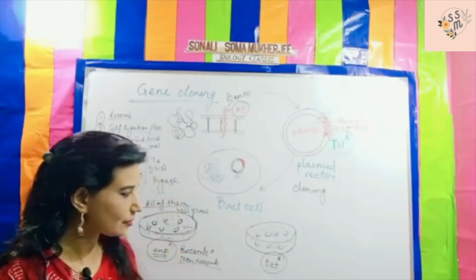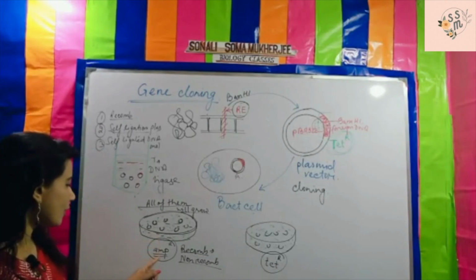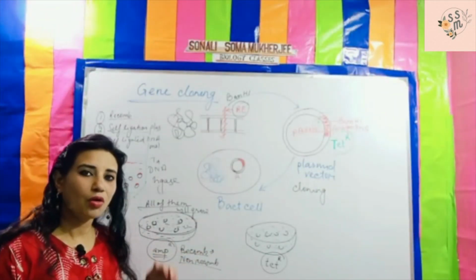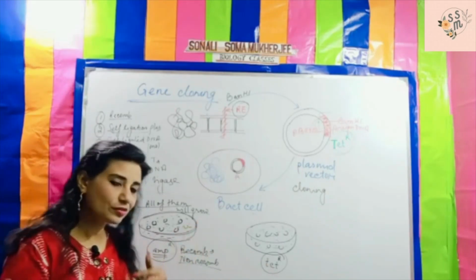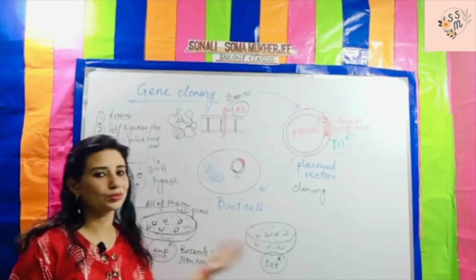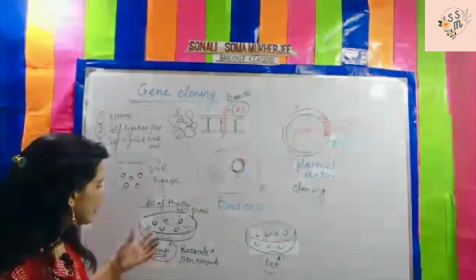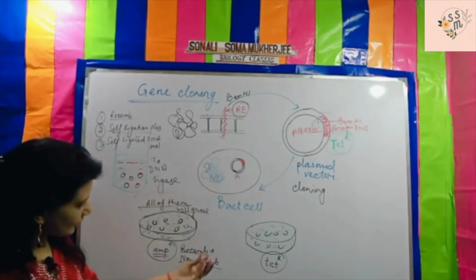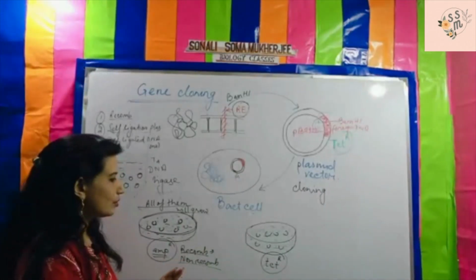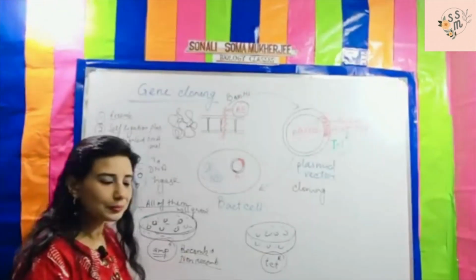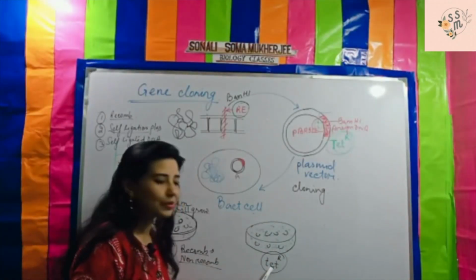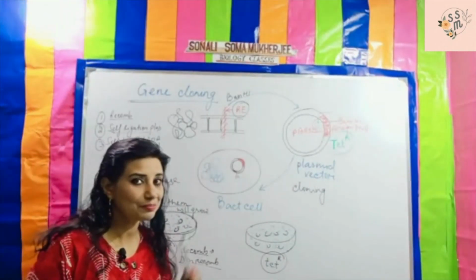When I place the plasmids into a medium with resistance to ampicillin, all of them show growth, whether recombinant or non-recombinant. But now I will take a set of plasmids again, and this time the medium has antibiotic resistance to tetracycline, not ampicillin.